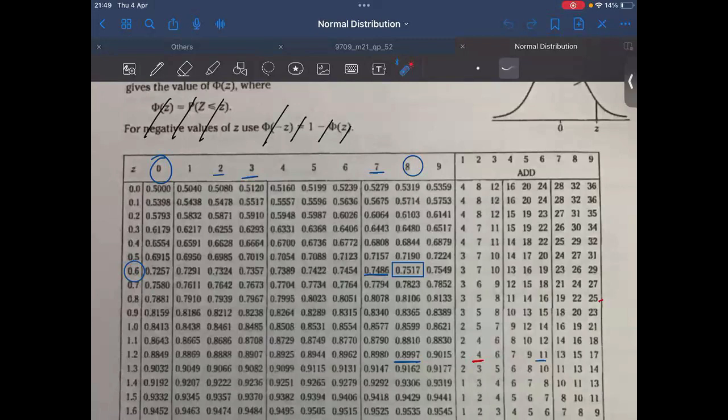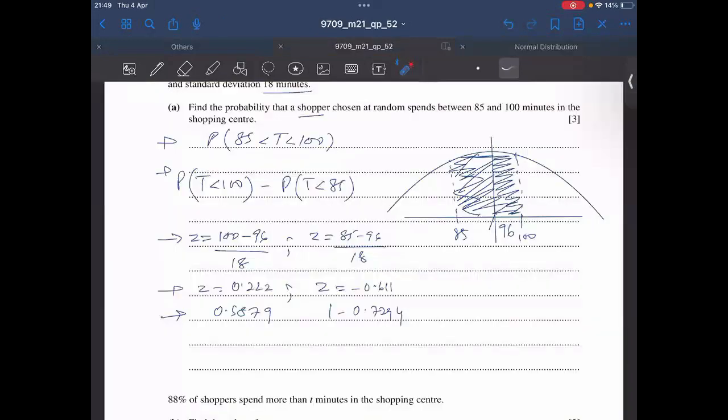All right. So over here the required probability is T less than 85, but the area represented by t less than 85 is less than 50%.